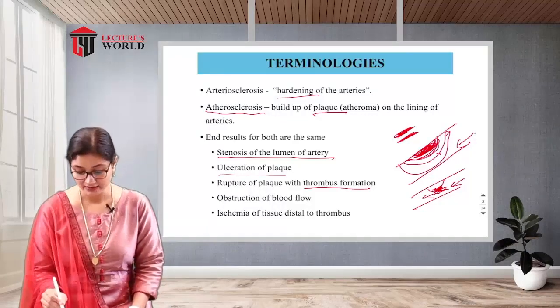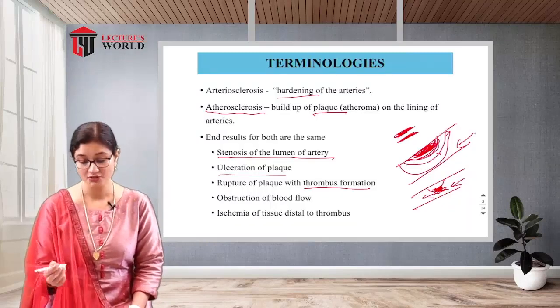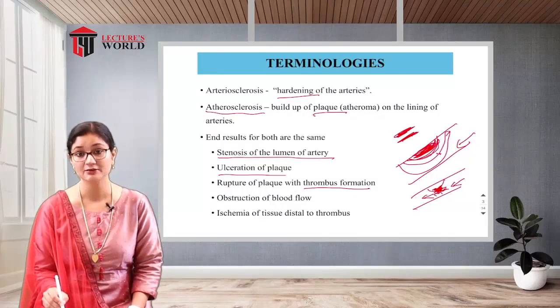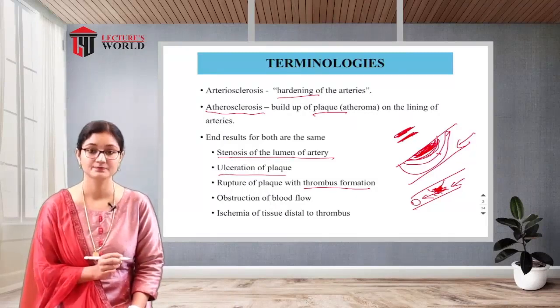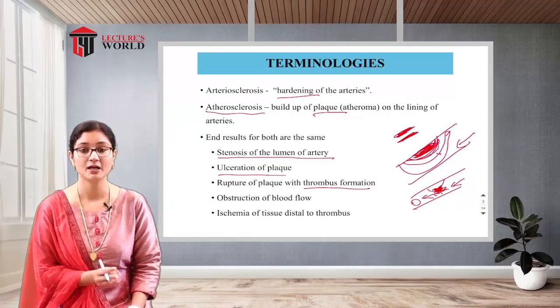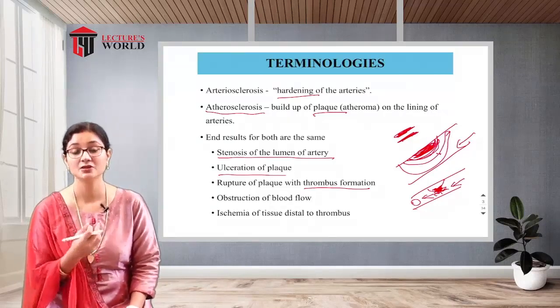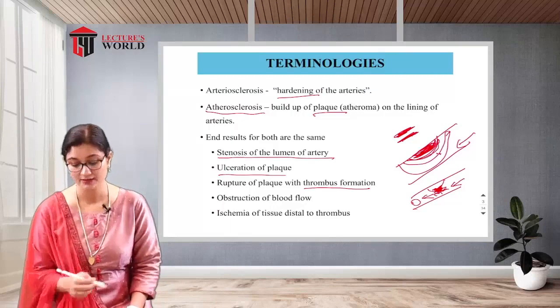Okay, this ulceration and then further rupture, this plaque will rupture, and when it comes in contact with the blood, it will form a clot. Ulceration of plaque, rupture of plaque can further lead to thrombus formation, because blood is coming in contact with it.